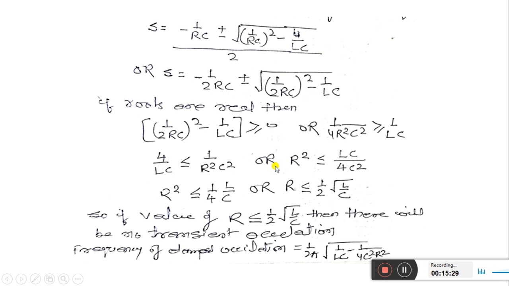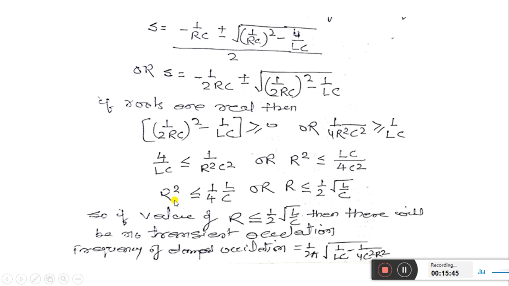Or further we can simplify, then we can calculate the value of R square. So what is R square? R square should be less than or equal to LC upon 4C square, from this relation.